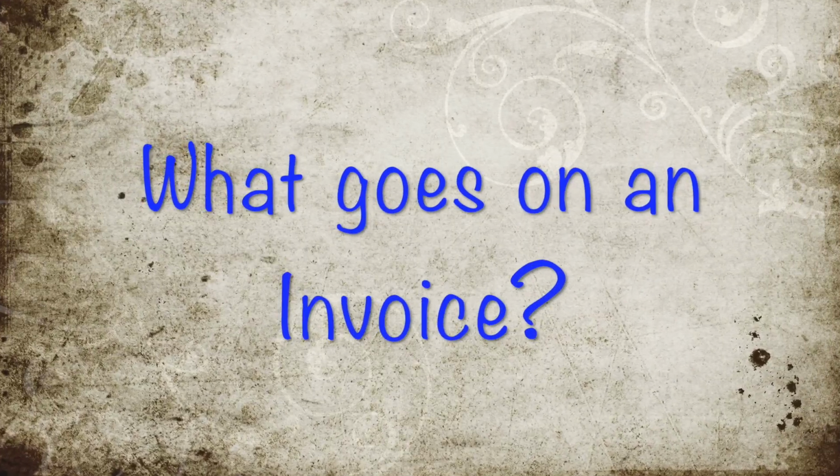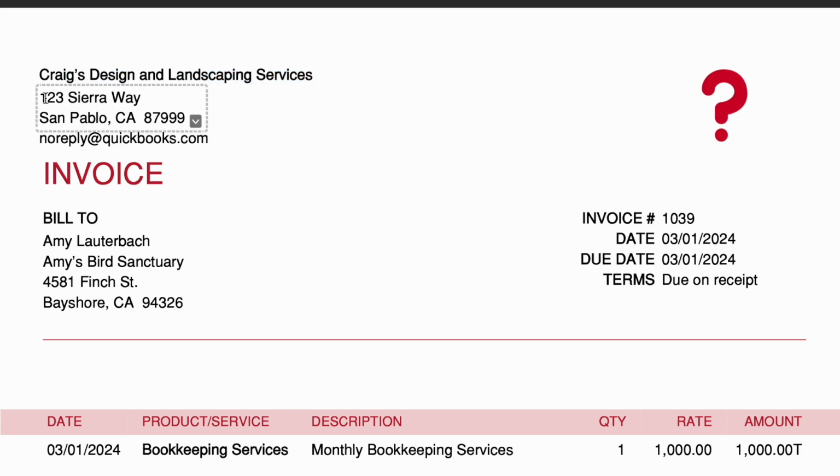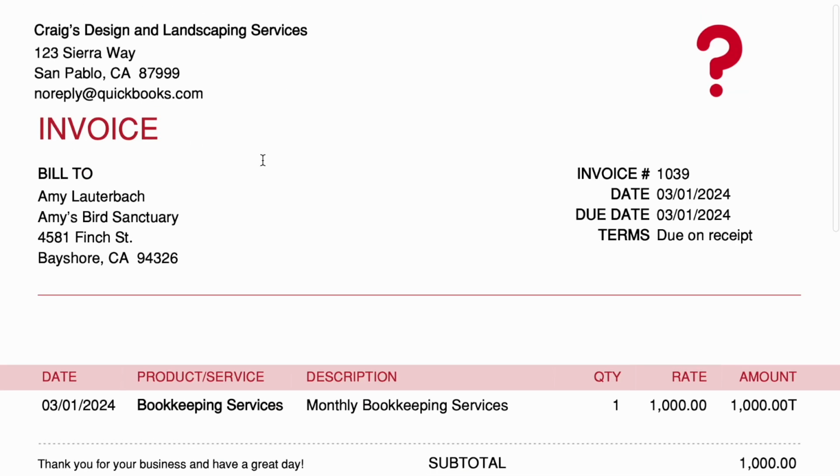What goes on an invoice? I'll definitely put on the screen right now an invoice so that you can see in real time every single thing that I am listing. Your company logo, your company name and address, and your company email address, along with your company's telephone number, and who you are billing.